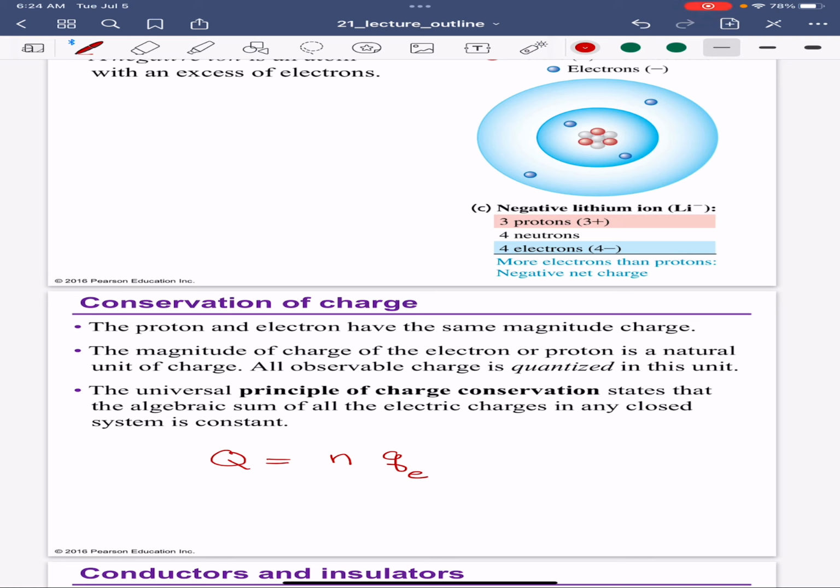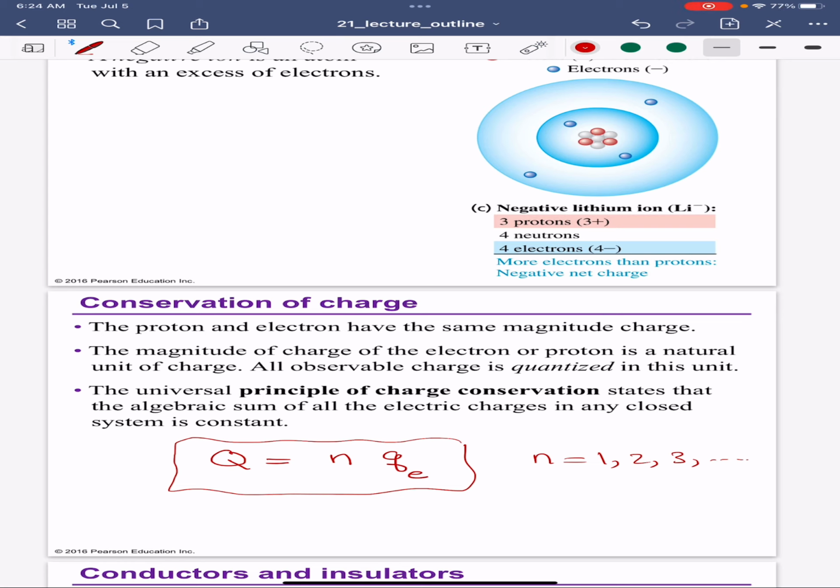And we can say, based on this formula, that all observable charges are quantized in this unit, which means they are multiples of the electronic charge, which means just whole numbers. You don't have any fraction. Also, we know that charge is conserved.